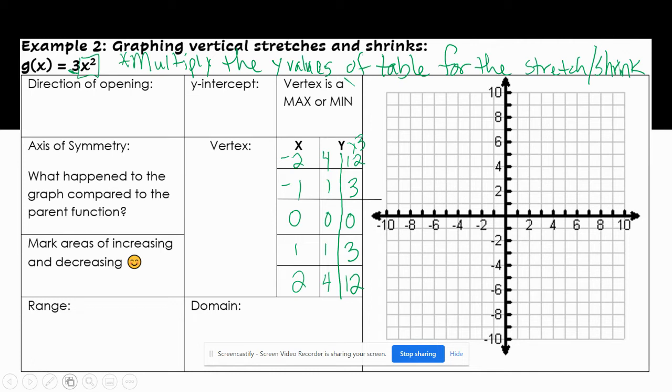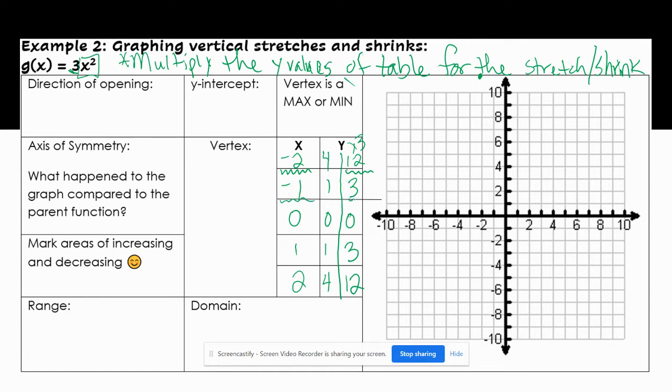So to plot this, remember we're using the x and then our new y value, so -2, 12, which is off our graph. I'm going to estimate it about there.